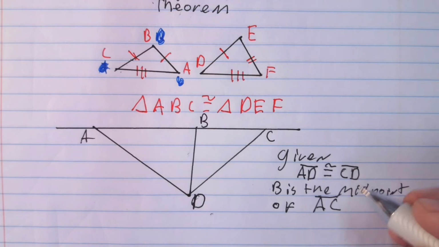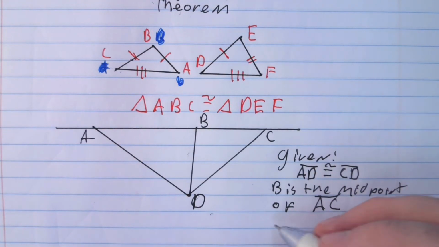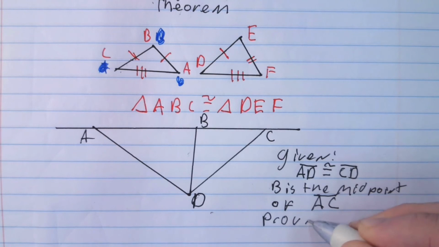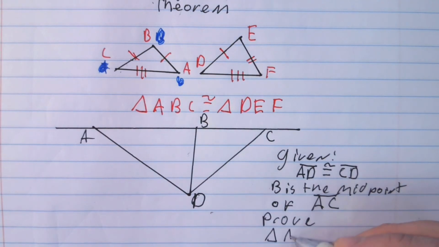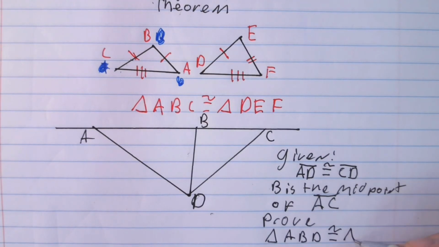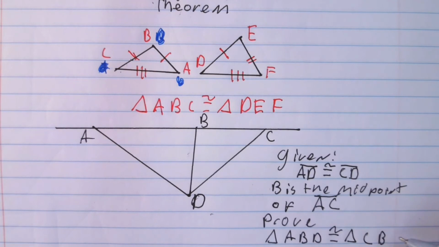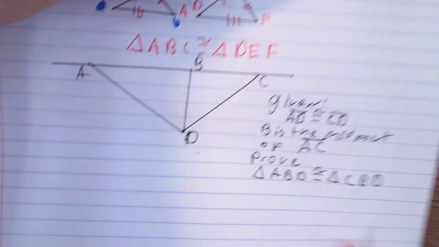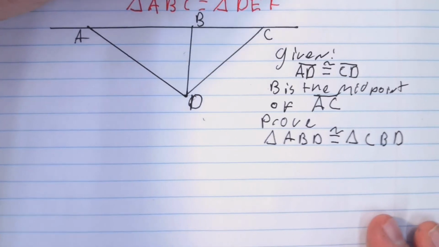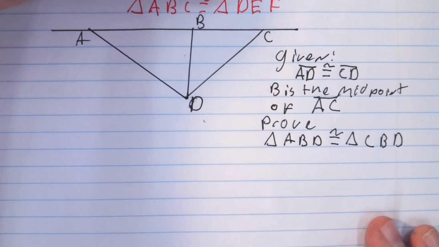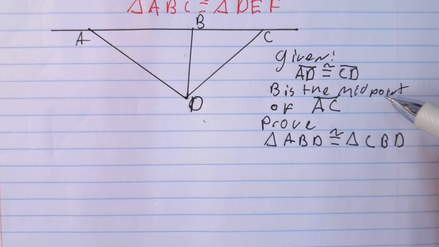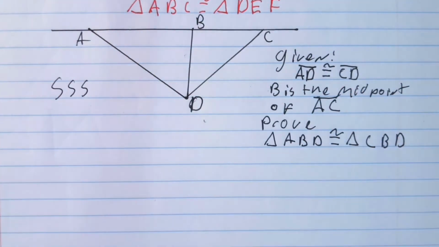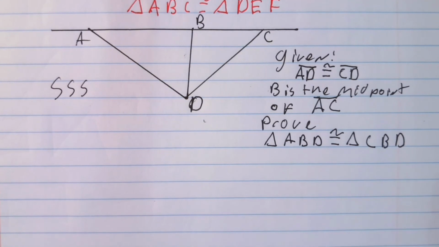So I probably can't do anything unless I tell you this. I want you to prove triangle ABD is congruent to triangle CBD. I'll move it a little bit down so you can just see what you need. Okay. Do you know the start? It's the given. Do you know the end? Isn't the end going to be this? So you just got to fill in the meat.